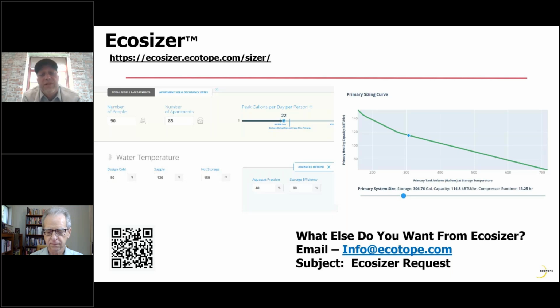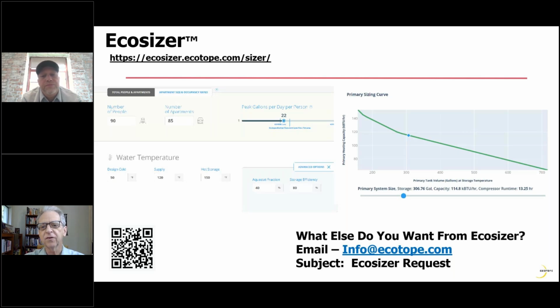This tool was developed to help designers through, and we've done a lot of designs with this tool and have yet to run out of water. So that's my testimonial on this. It's just straight math on the BTUs used, when it's used, and do you have enough storage to keep up?